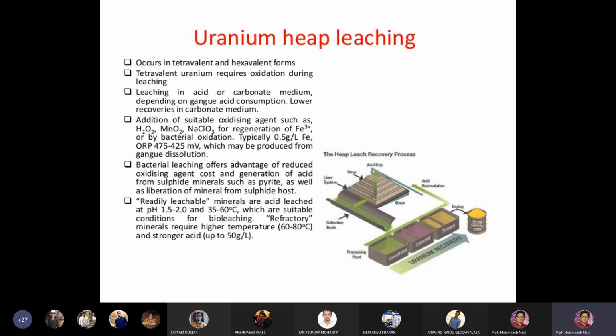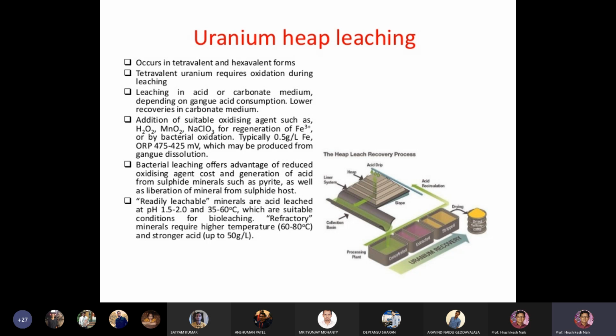You add suitable oxidizing agents such as H2O2, MnO2, NaClO3 for regeneration of Fe3+, or use bacterial oxidation. Typically 0.5 gram per liter of iron is needed, which may be produced from gangue dissolution.